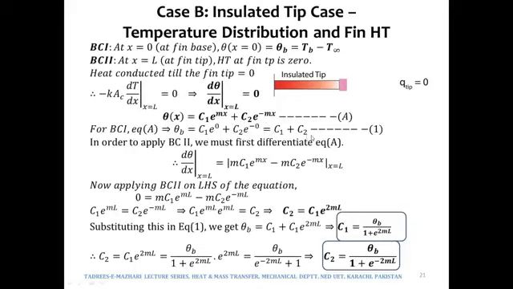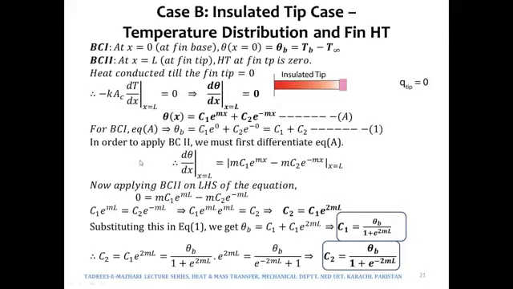So it would be c1 plus c2 on the right hand side of the equation. Now the second boundary condition, which says d theta by dx at x equal to L, means at the tip, is 0. So we need to first differentiate equation A so that we can get d theta by dx, and then we would be able to apply the boundary condition which is related to d theta by dx.